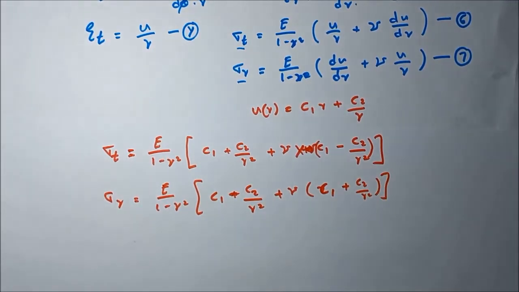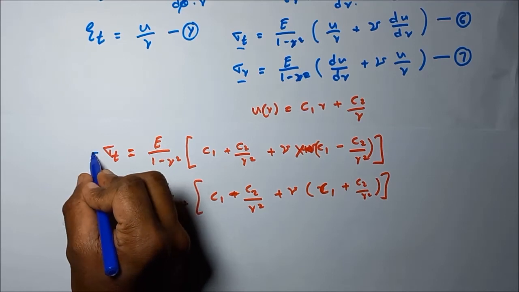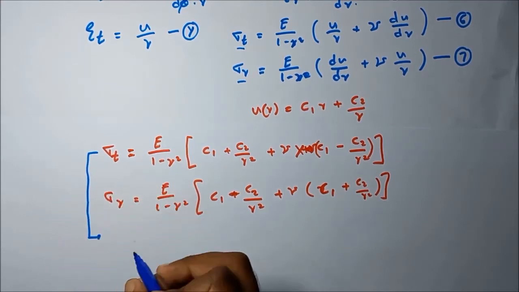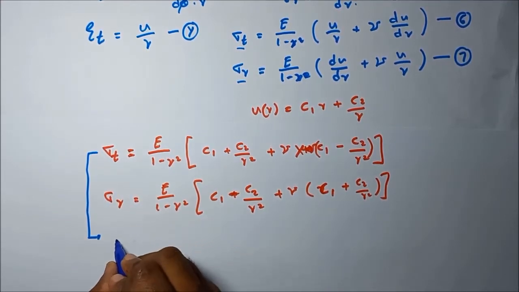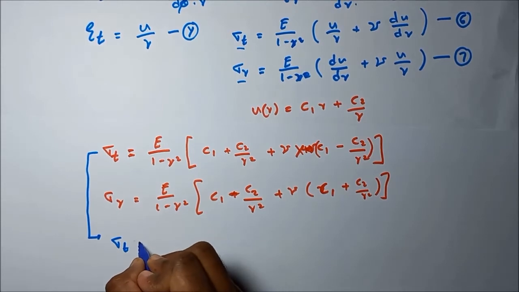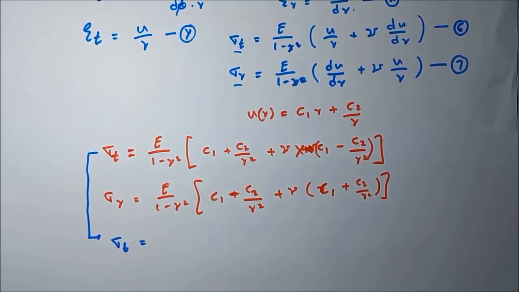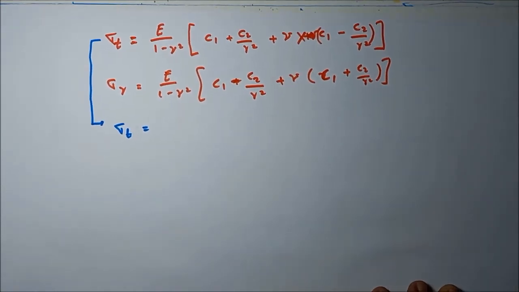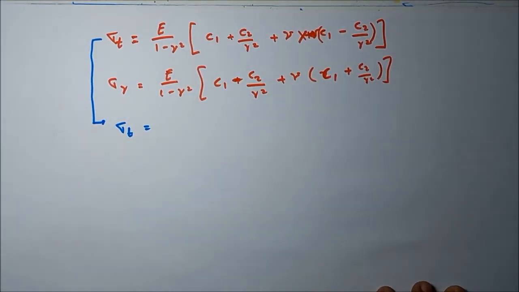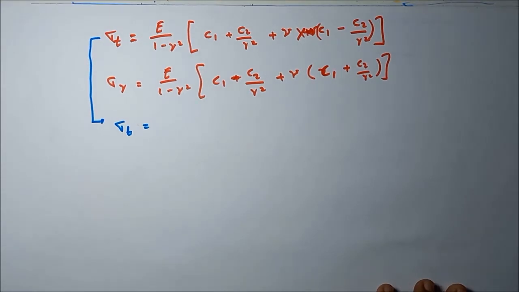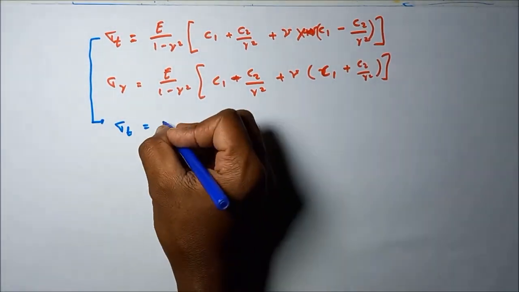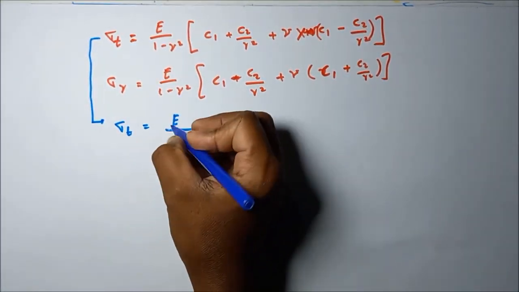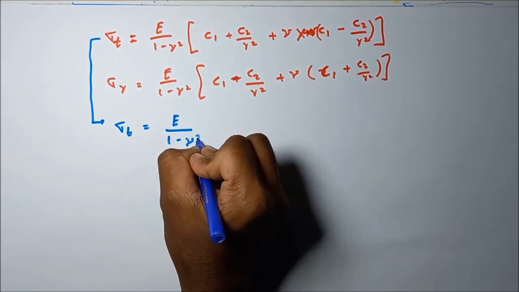Okay, then sigma t we can further rearrange. Sigma t is equal to E divided by 1 minus mu square.